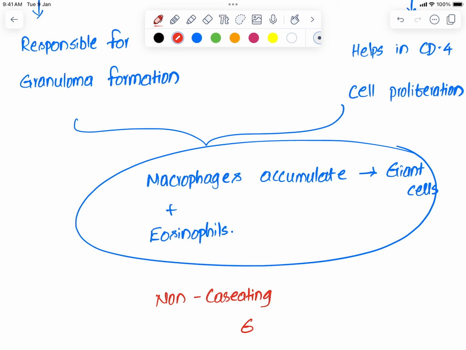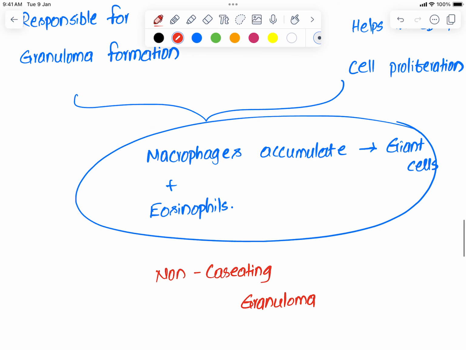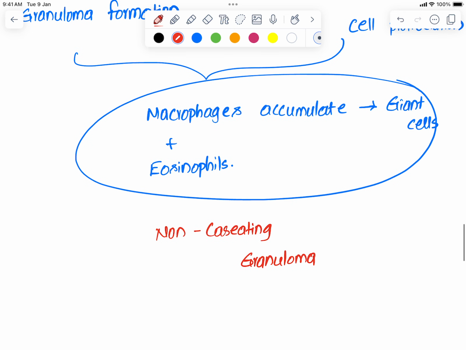In this non-caseating granuloma, the giant cells will be foreign body giant cells or Langerhans giant cells. These giant cells contain inclusion bodies: number one, the asteroid bodies, and the second one, the Schaumann bodies.